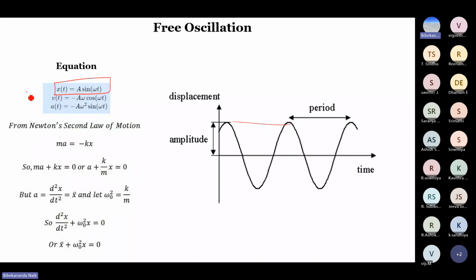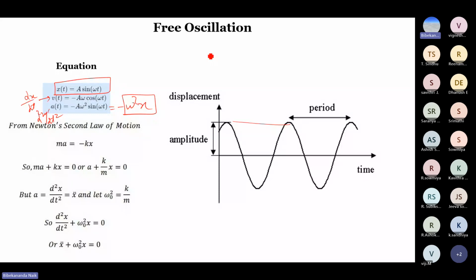So v(t) is nothing but dx/dt, and a(t) is d square x by dt square. So it is minus A omega square sin omega t, or simply we can say minus omega square x. Is it not, because x is nothing but A sin omega t.